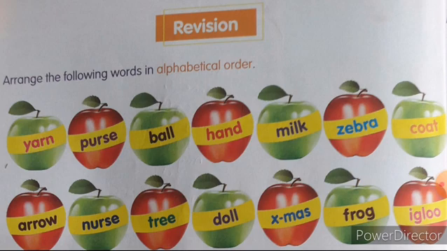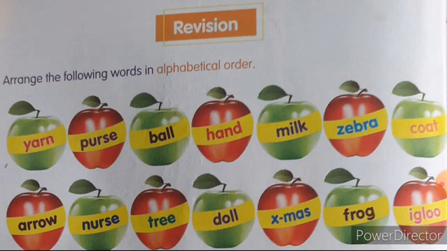The first word must start with A, the second word with B, the third word with C, and the fourth word with D. So likewise you have to arrange it. A, B, C, D, E, F, G. Likewise you have to arrange the words in alphabetical order.